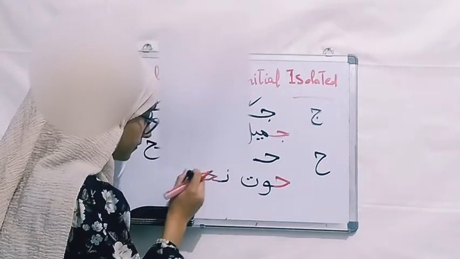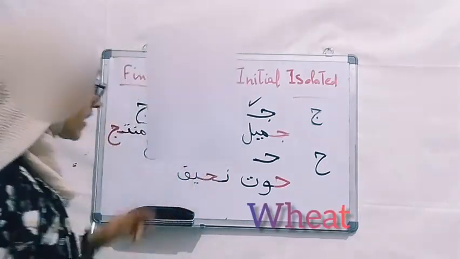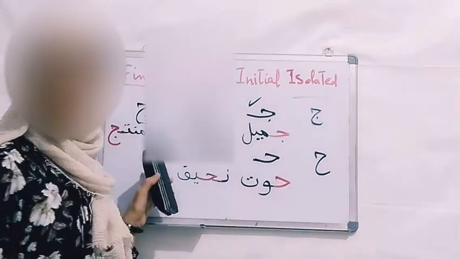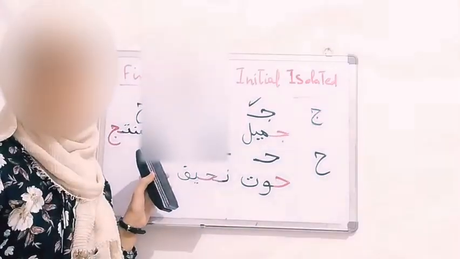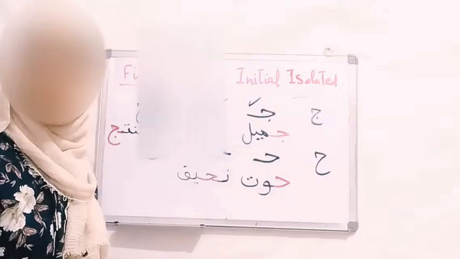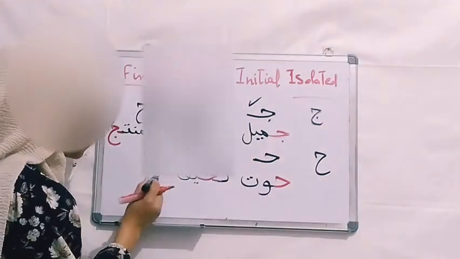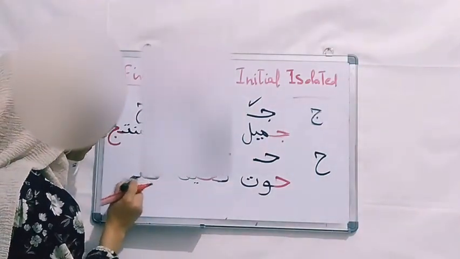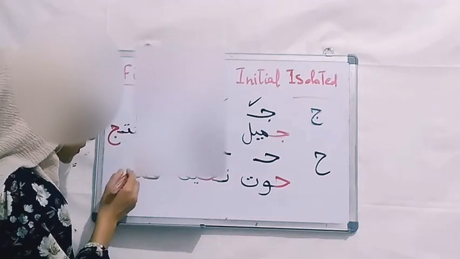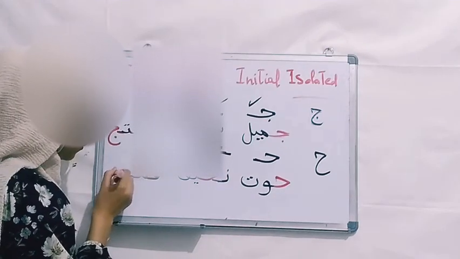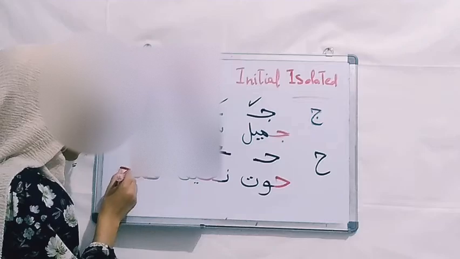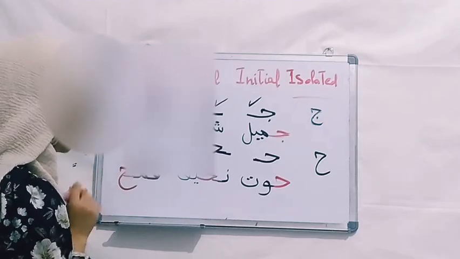And the final form we have qamh, means wheat. So it needs to be connected before, and you keep ha as the isolated form.